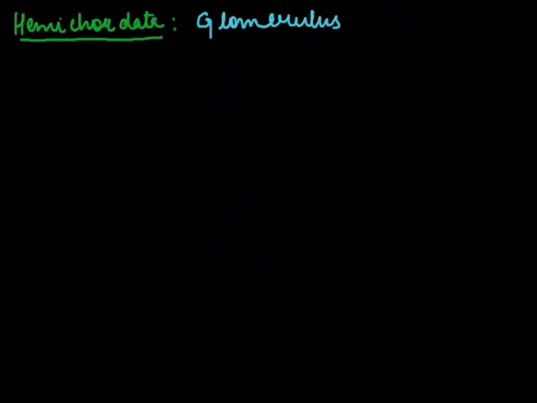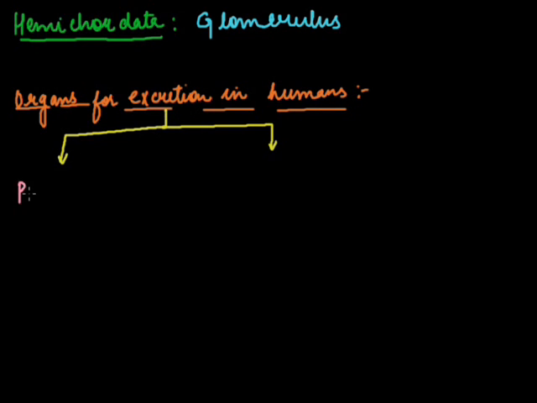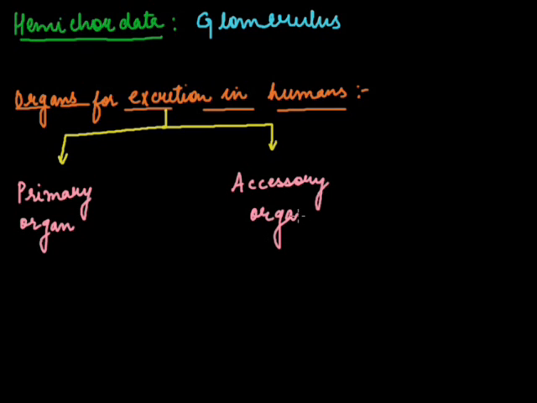After all this, let us talk about the organs of excretion in humans. Let us divide these organs into two categories: the primary organ and the accessory organs.